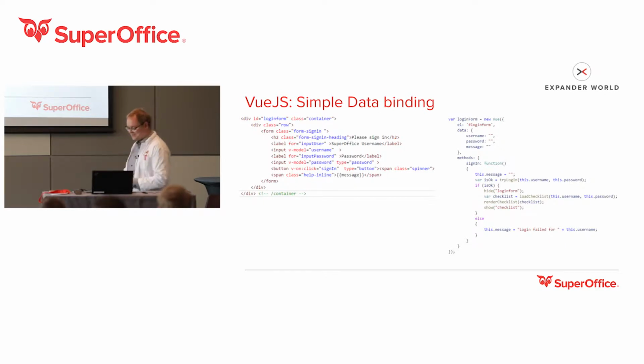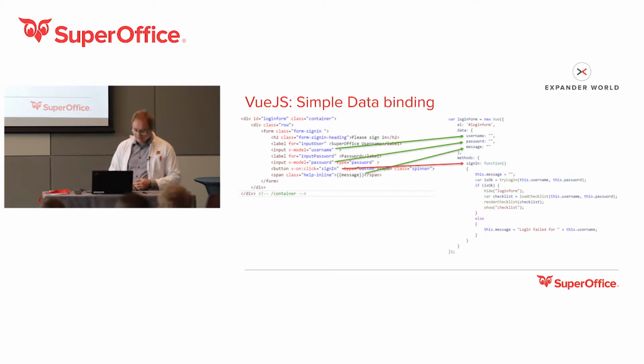So here, for example, we have input fields, and they say v-model and then a string. And those strings refer to this block of data on the other side. Vue has a concept of data properties, and it will automatically track changes to those properties and reflect them back out into the user interface, and vice versa.